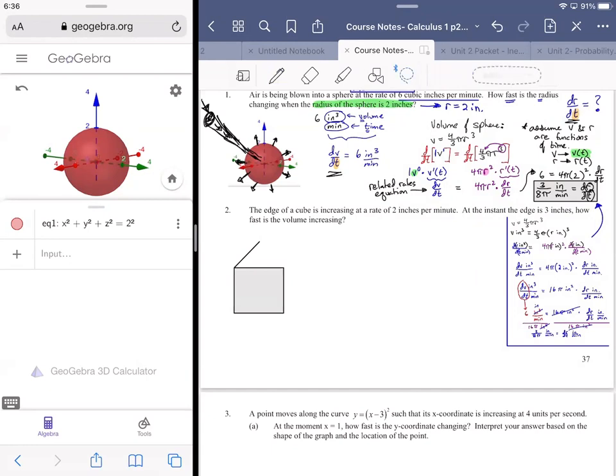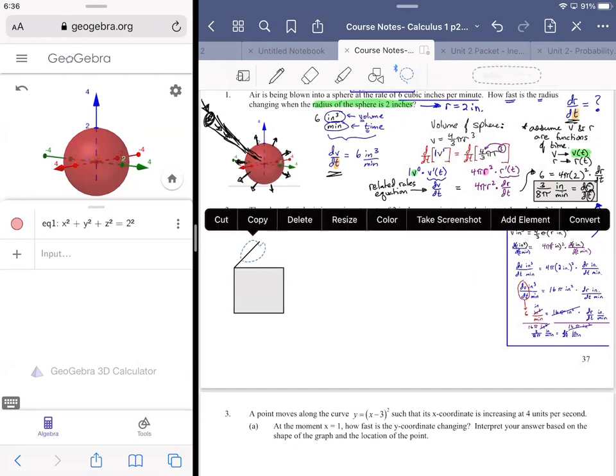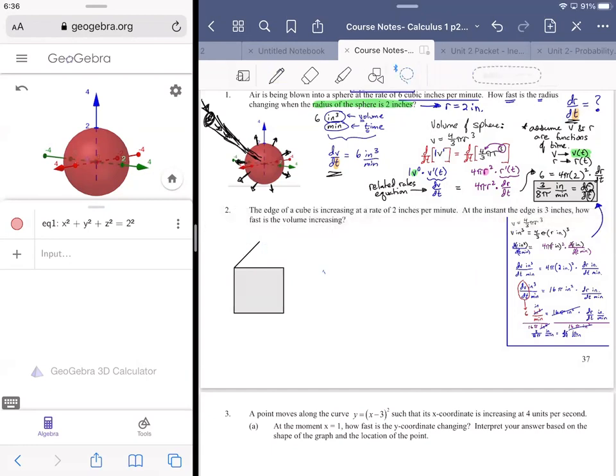I have to take a construction approach because judging distances is not one of my strengths. Like depth perception, I guess maybe. It's not really good. Okay, well that's not a cube.